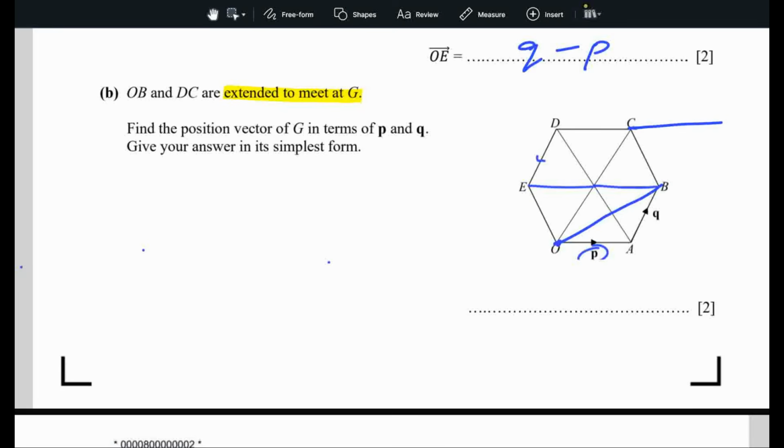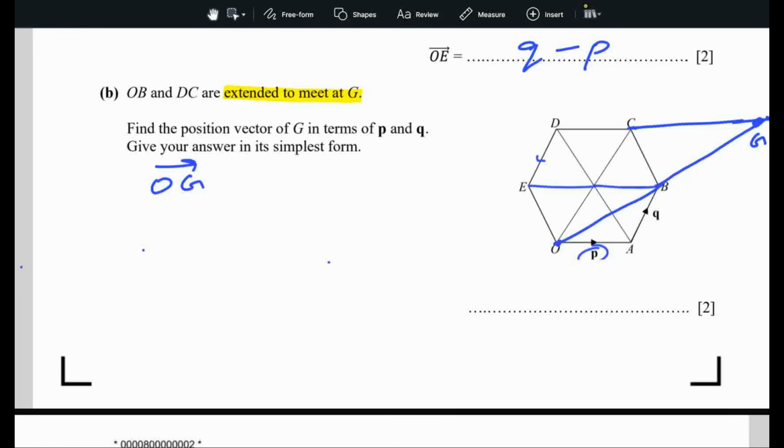They are extended to meet at G. Now what we have to do is find the position vector of this. We have to find out OG. Position vector means we have to find out OG.